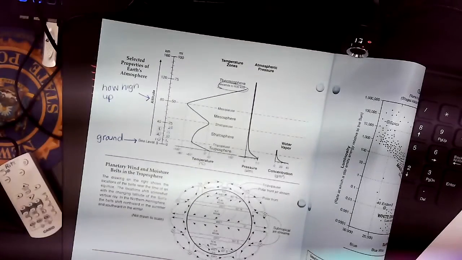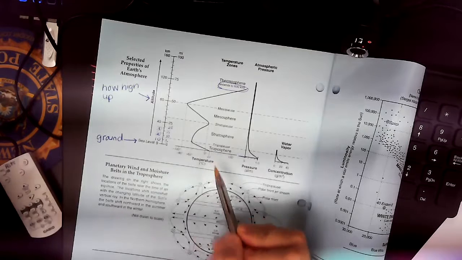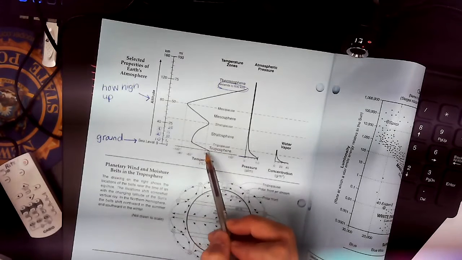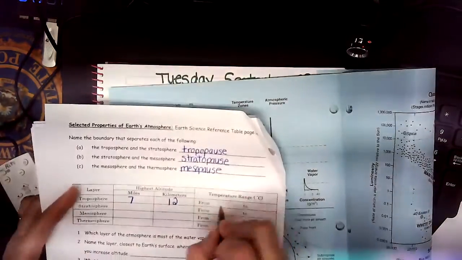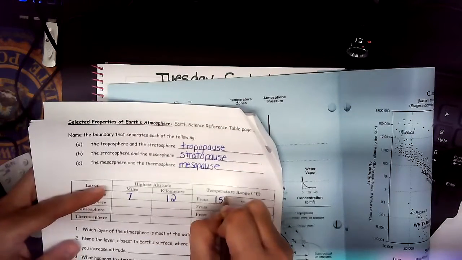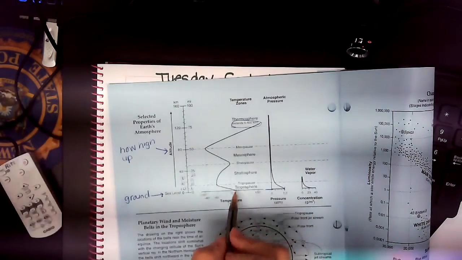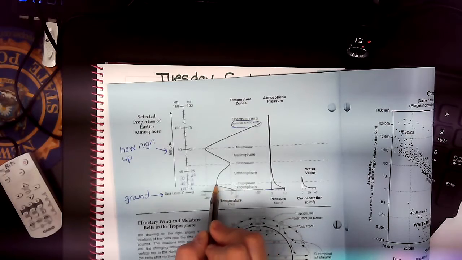What is the temperature at the bottom of the troposphere? Is it 0? It is 15. So here at the ground, the temperature is 15 degrees Celsius. And then at the top of the troposphere, so the tropopause, -55.